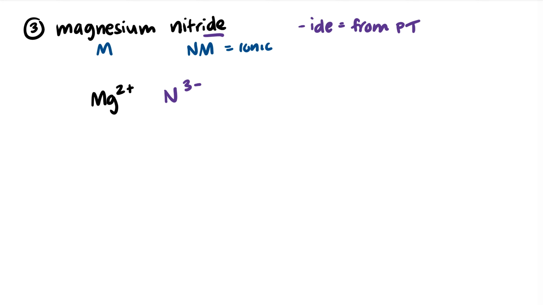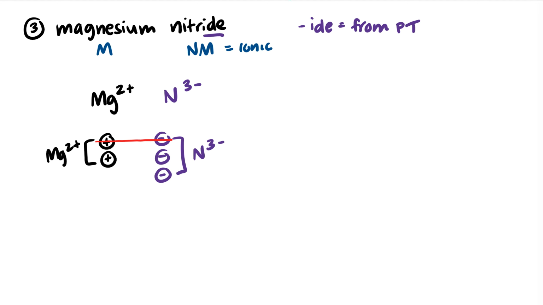So I'm going to draw this out. For one magnesium, it carries 2 plus signs, okay, 2 positive charges. For one nitrogen, that one nitrogen carries with it 3 negative signs. I'm going to start canceling things out. For each positive that I have a negative, they cancel each other out.